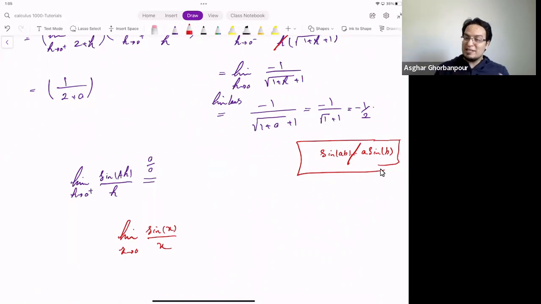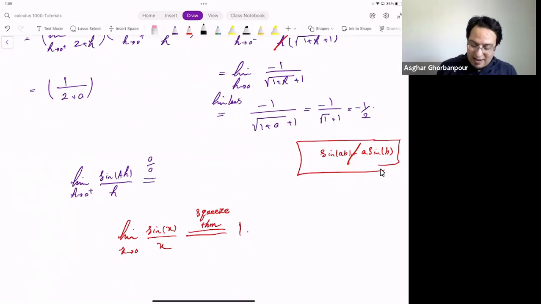You have to bring in some tools. And if you watch a video on the derivatives of trig functions, you will see that this limit has a very nice proof using the squeeze theorem. Using the squeeze theorem, this is equal to 1.